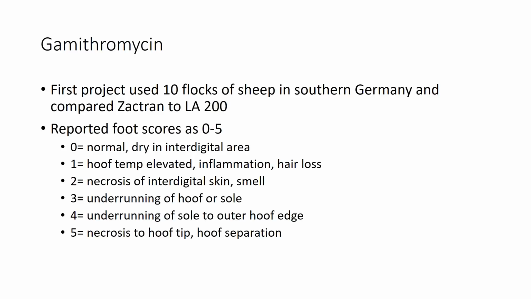A 1 was inflammation, hair loss, and elevated hoof temperature. A 2 or 3 was like that first picture we showed, where you see some necrosis of the skin, and you can smell it. At 3 you start seeing underrunning, and then 5 was necrosis to the hoof tip and hoof separation, like the last picture we showed of foot rot.